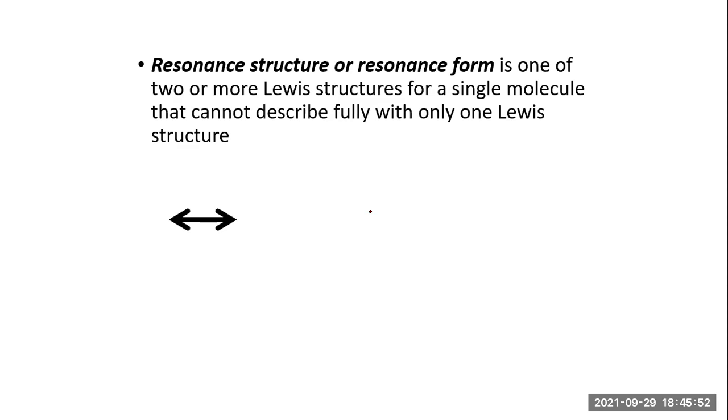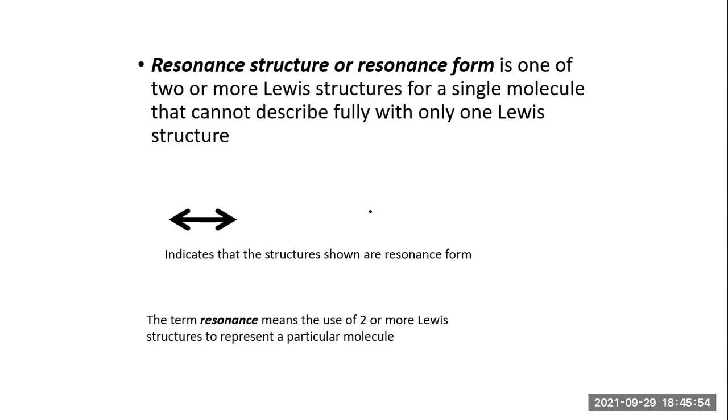Now, we talked about resonance structures as we were drawing some of those. And again, a resonance structure is usually indicated by this type of arrow. For the most part, we draw these structures as we saw in carbonate or SO2, where we have more than one option as to where we could put a double bond. And you could draw an equivalent structure by moving the double bond around to anywhere it is possible to occur.